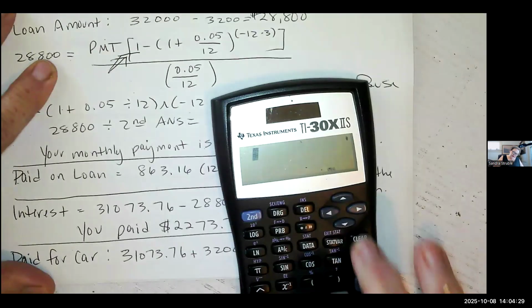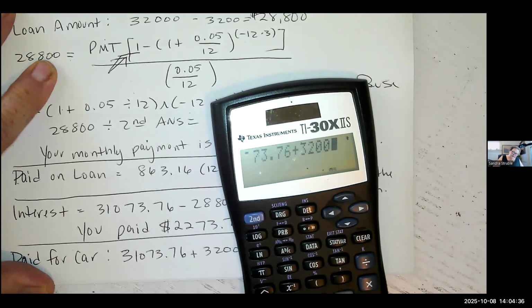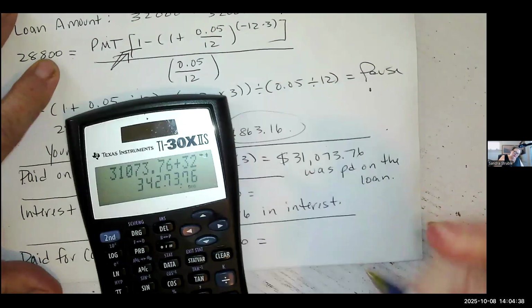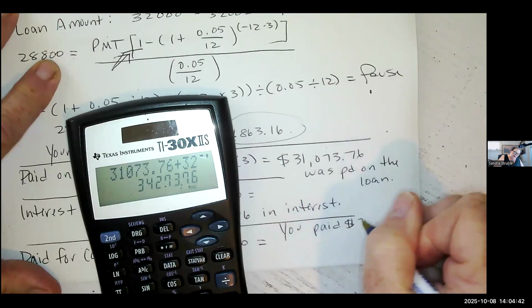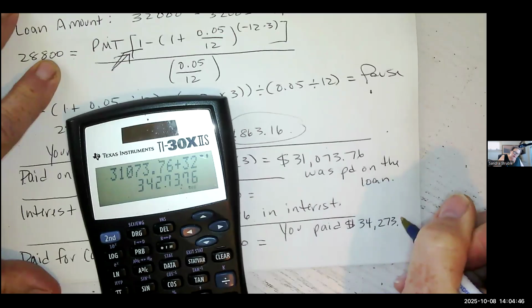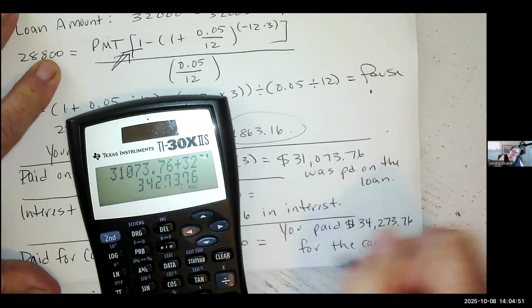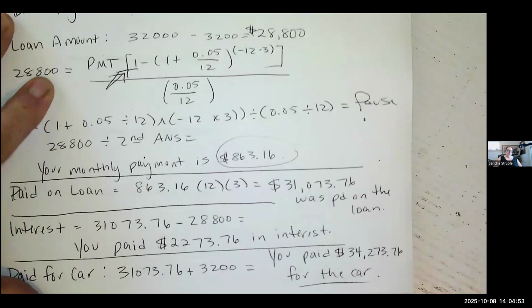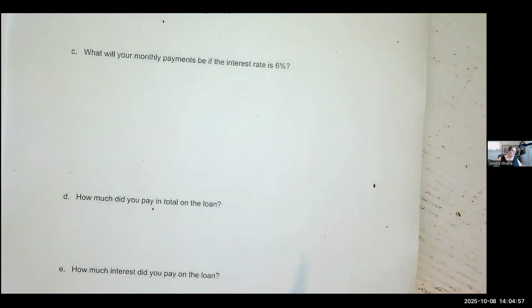Clear your calculator. 31,073.76 plus $3,200. So you paid $34,273.76 for the car. That's a lot. Not bad though, as far as the interest rate still isn't horrible.